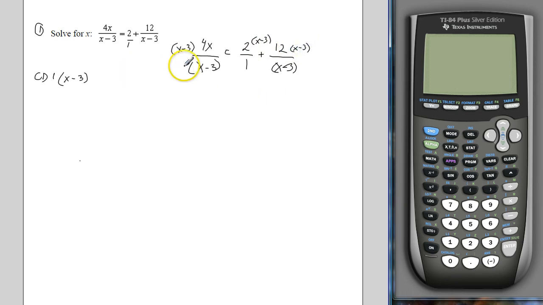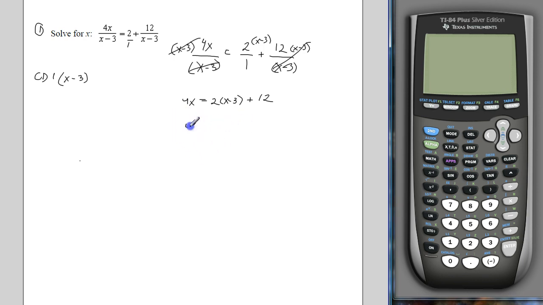And so let's look at what happens. This one cancels this one. So I just get 4x equals, nothing cancels, so I keep it 2 parentheses x minus 3, plus, the x minus 3's cancel, I get a 12. And now the goal is just to solve it. Now it's just a regular little equation.